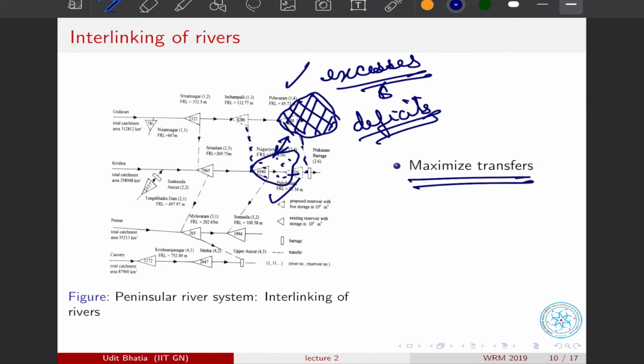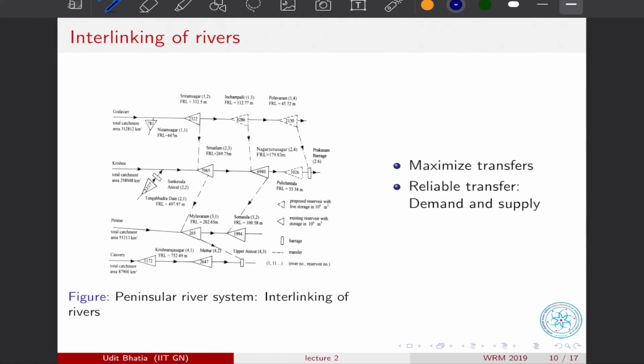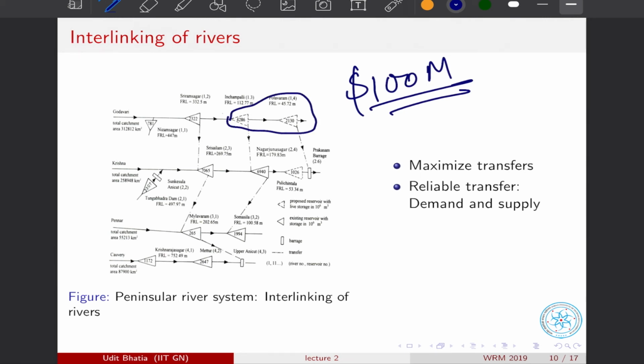We want to maximize the amount of transfer that can happen throughout this particular network, and the transfer has to be reliable. But once we build this network by spending hundreds of millions of dollars, and then we realize that our entire assessment or mathematical modeling was incorrect, or we just did not do any mathematical modeling and all decisions were based on intuition, and after a couple of years this entire system is rendered useless because we overestimated or underestimated the amounts of transfers that can take place realistically in a real world watershed.